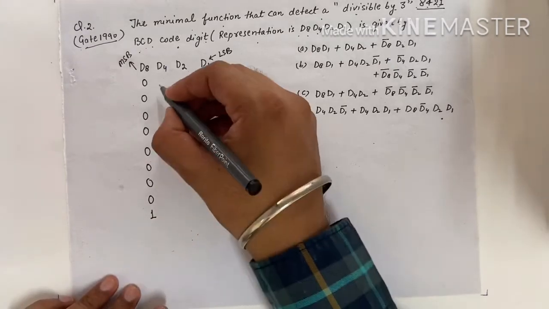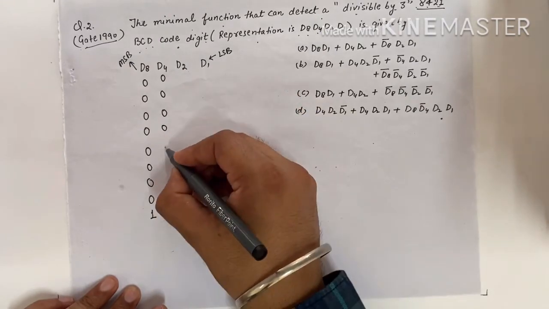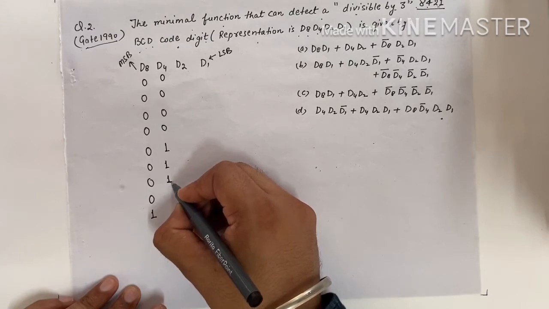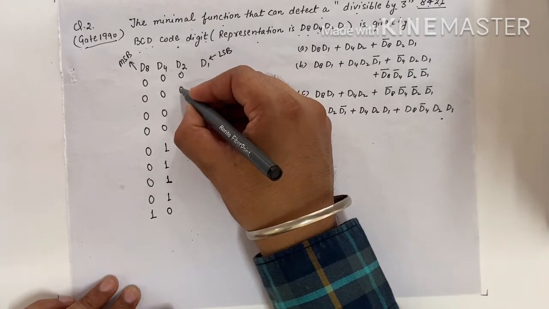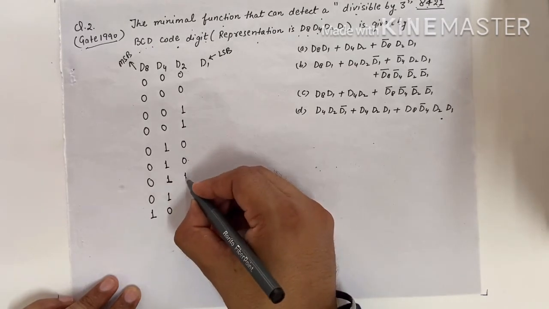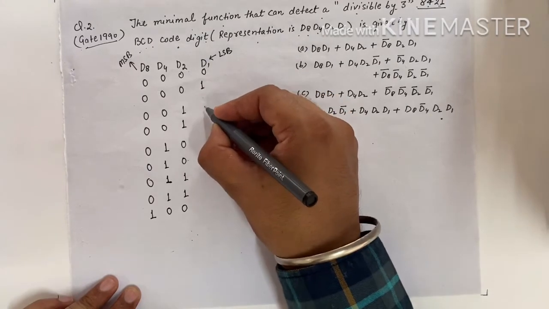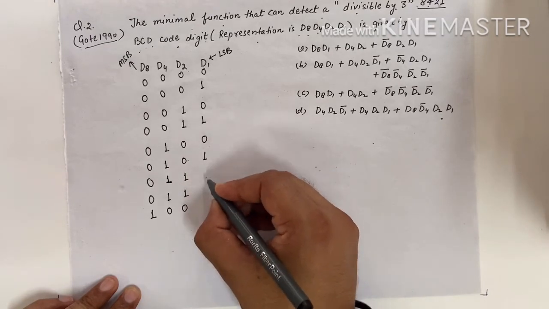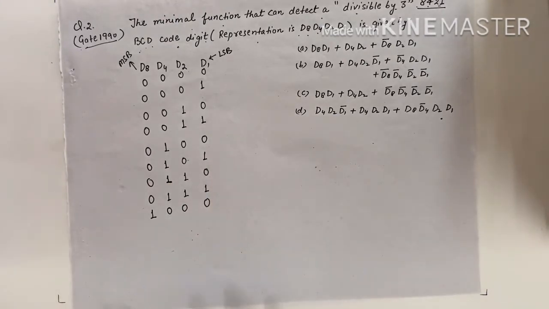After that, for D8, we have to write four 0s, then four 1s... and then two 0s, two 1s, two 0s, two 1s and 0, then alternate 0, 1, 0, 1, 0, 1, 0, 1 and 0. Okay, these are the possibilities of BCD code.